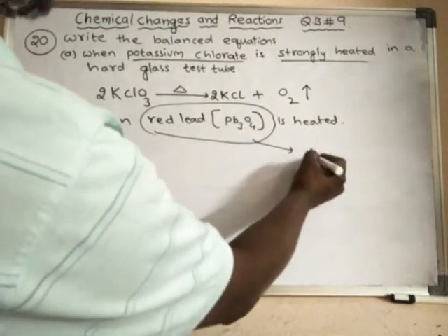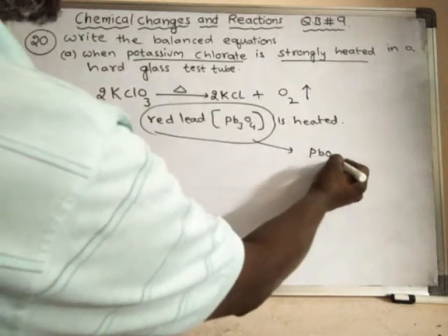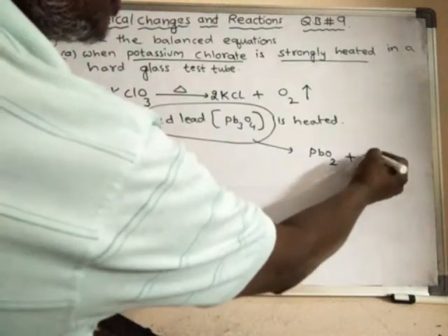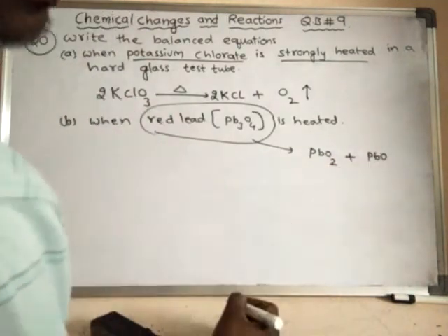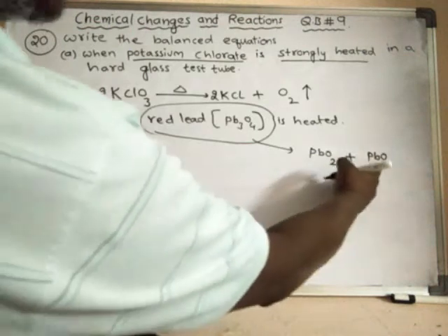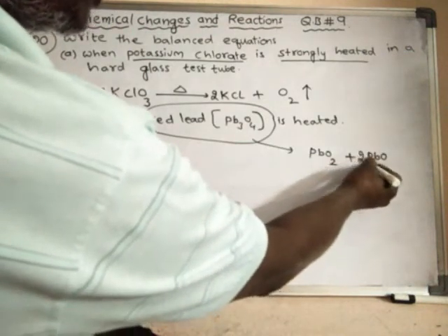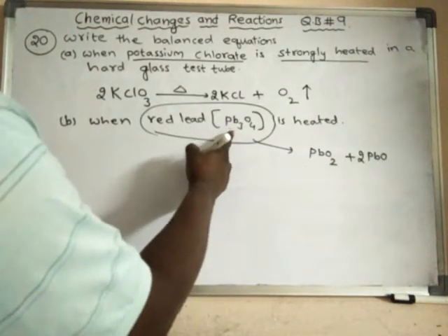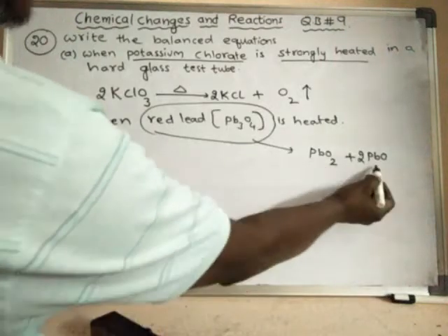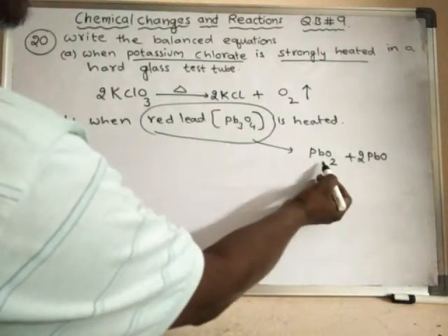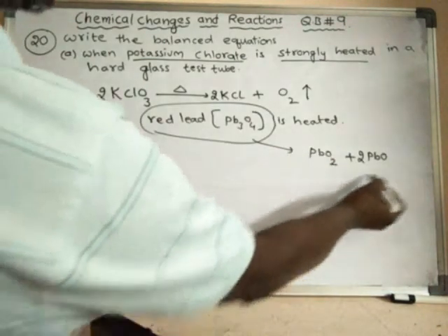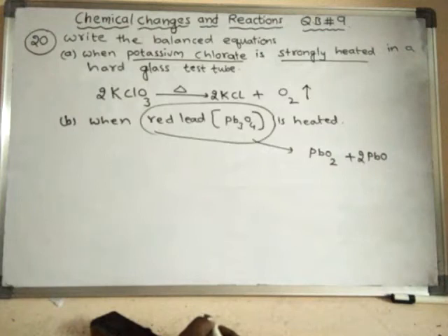It's a mixture of plumbic oxide and plumbous oxide, and it contains two molecules of plumbous oxide. So it is a mixture of these two. If this mixture is heated, what happens?